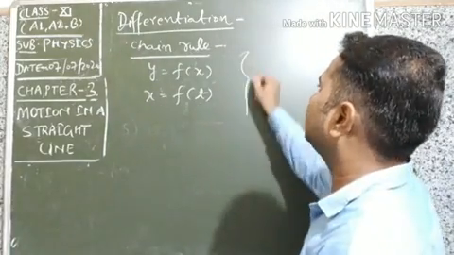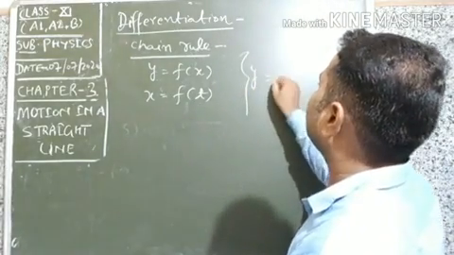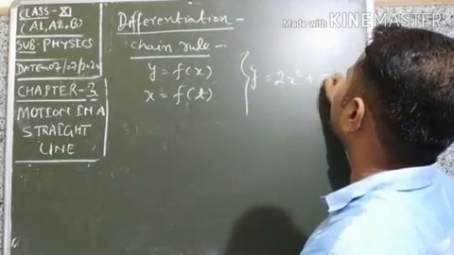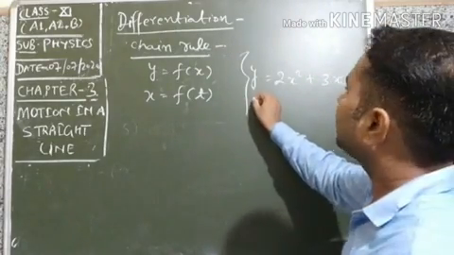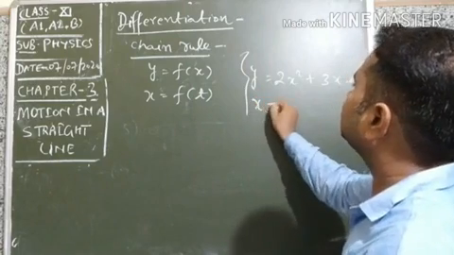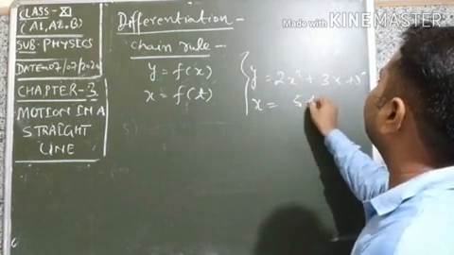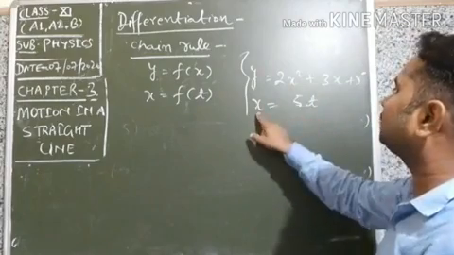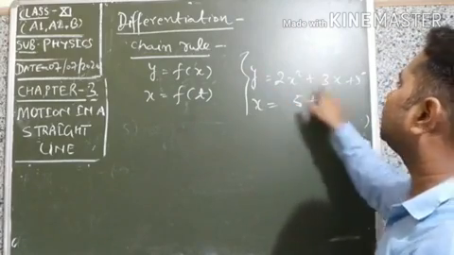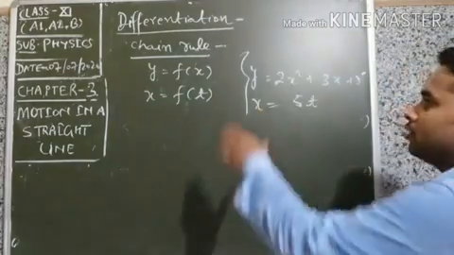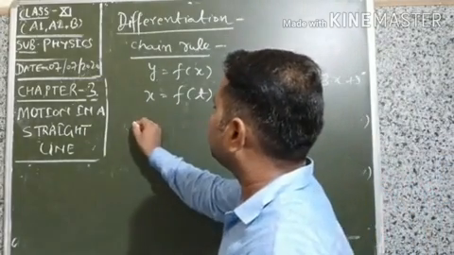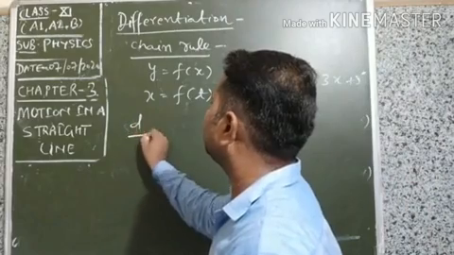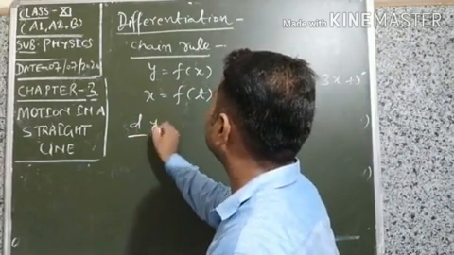For example, y equals 2x square plus 3x plus 5, and x equals 5t. So x is a function of t and y is a function of x. So for these two functions, suppose we have to find the differentiation of y with respect to t.